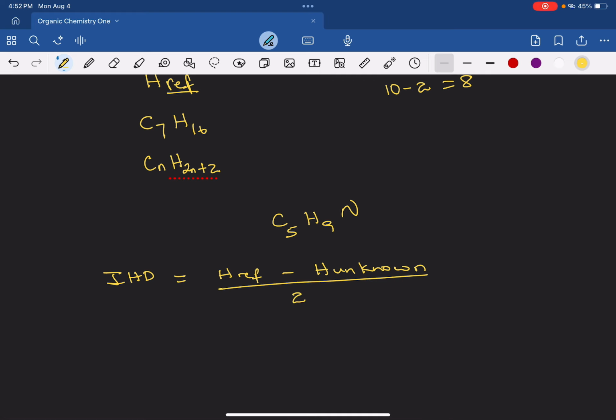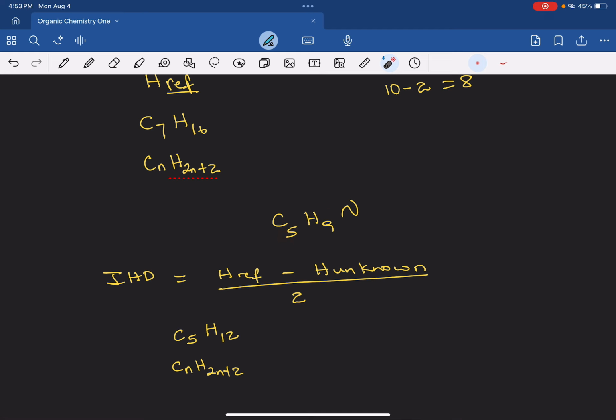For the number of hydrogens in my reference, the unknown has 5 carbons, so you need the alkane that has 5 carbons. You need to ask yourself how many hydrogens it has. 5 times 2 is 10, plus 2, 12. All I'm using is the molecular formula for an alkane, CnH2n plus 2.